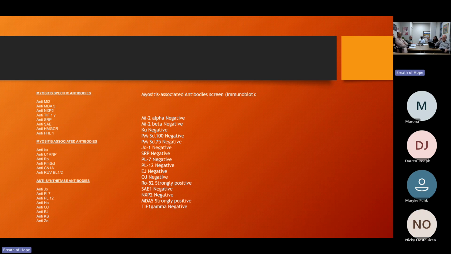Just so that you're aware, with the myositis antibodies that we look at, you've got different types. The myositis specific antibodies that you see listed up there, the Mi-2, MDA5, NXP2, TIF1 gamma, SRP, SAE, HMG-CoA reductase, and cN1A, are the specific antibodies.